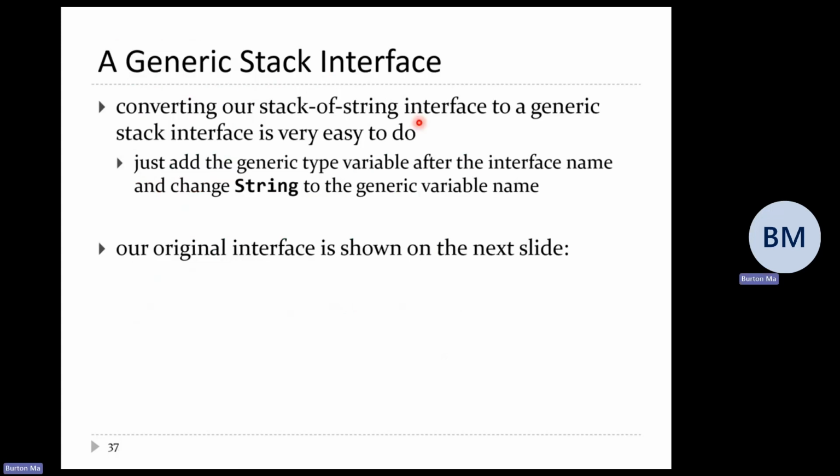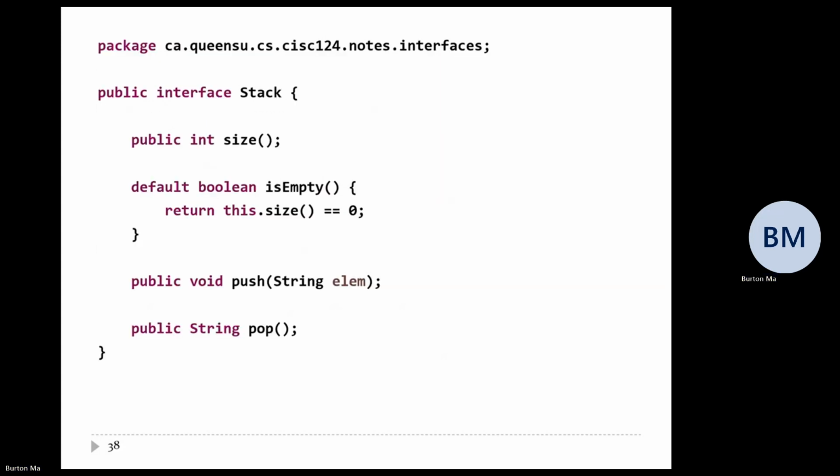The interface is even easier. Remember we have a stack interface that was for a stack of string. Converting it to a generic stack is even easier than converting the class. You just add the generic type variable to the interface name and you change some strings to E. There's the original stack interface.